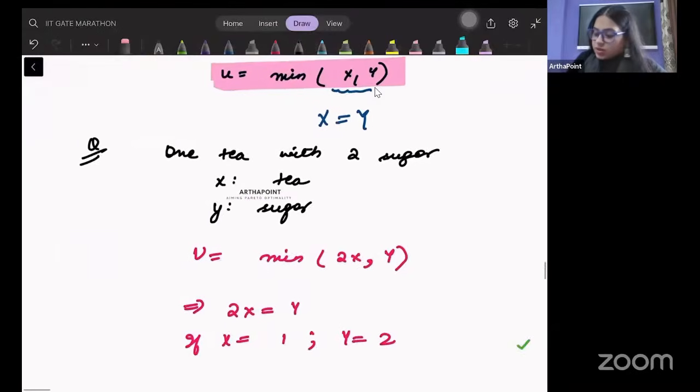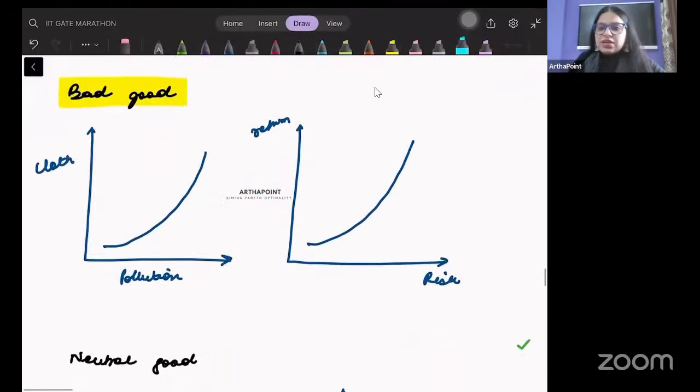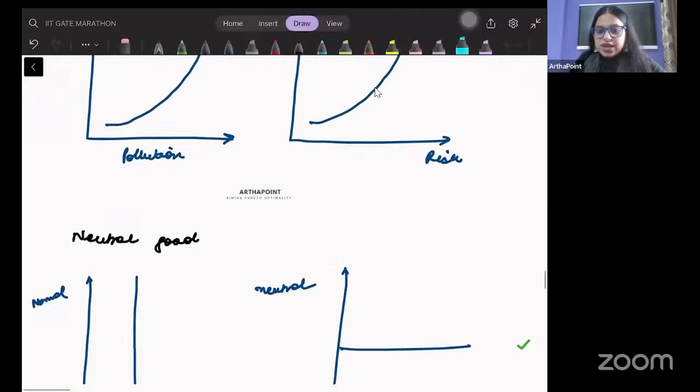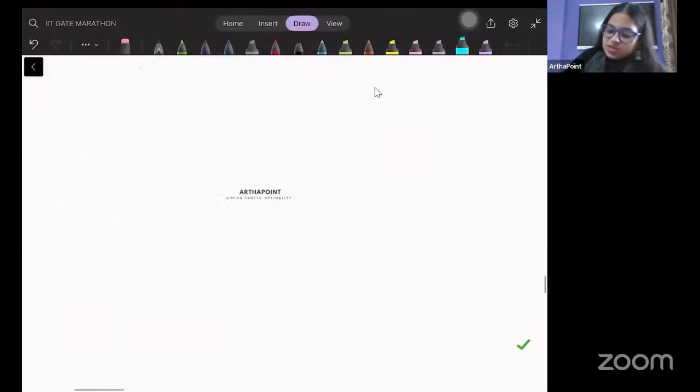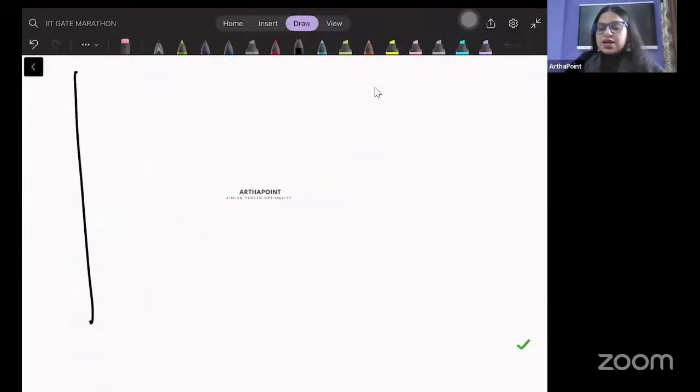Okay. Now, then you must be aware of the bad goods and neutral good. अच्छा, इसमें again there is a question, numerical question which can be asked.